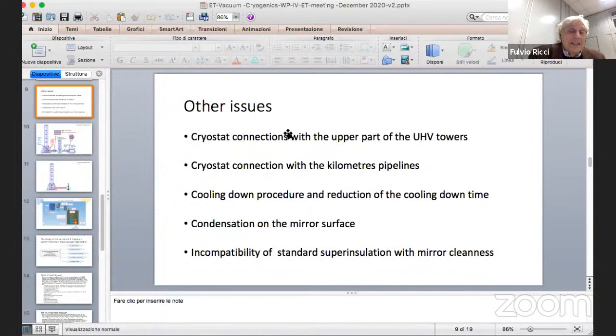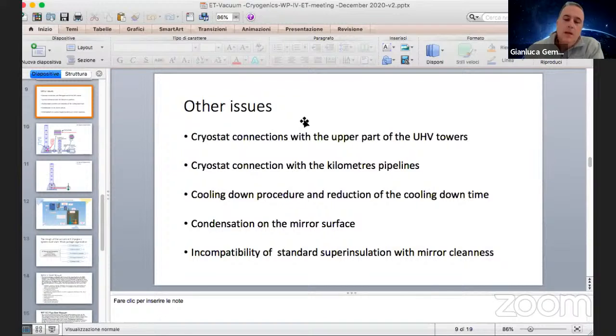This is just a non-exhaustive list of other issues, but it gives you an idea of the huge number of interactions and gray areas that we have to share with other divisions. And also where new ideas and contributions are welcome.